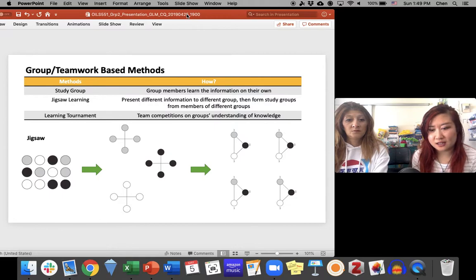And then, as you can see at the bottom, this is a diagram on how to do jigsaw.